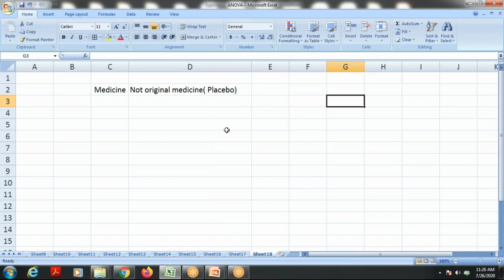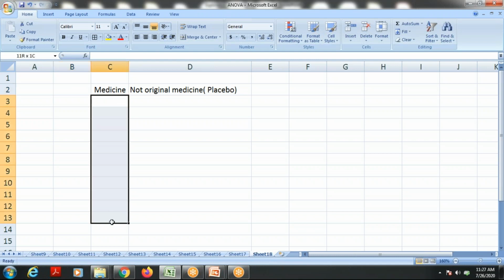What is the meaning of placebo? You are giving medicine to someone. Someone is considering that he or she is taking medicine, but technically that is not the medicine. That's a sweet pill. That is looking like medicine, but that is not the medicine. Getting it? So what happened when we test the impact of something? Let's say that you have 50 blood pressure patients. Okay, out of those 50, or let's say that you have.